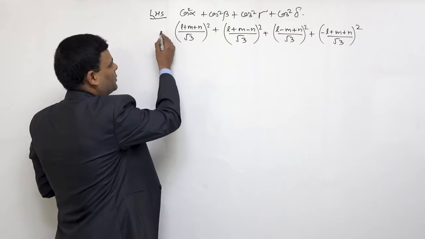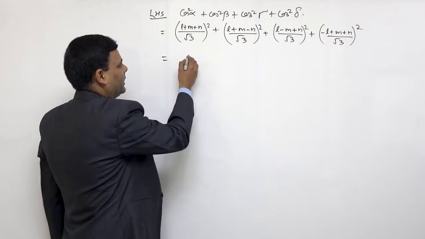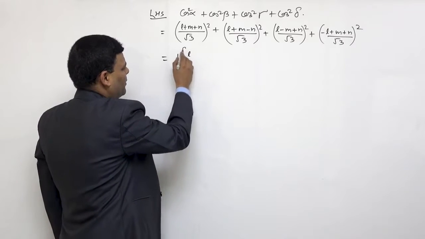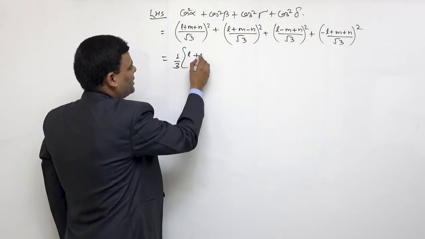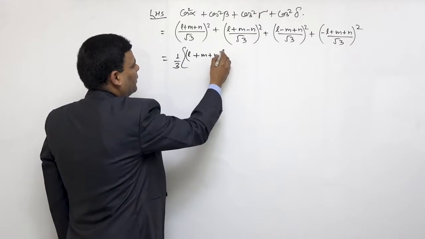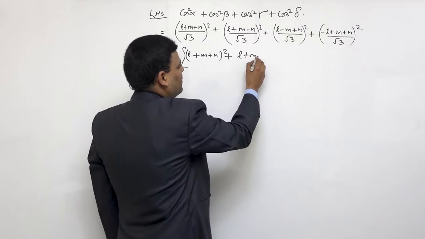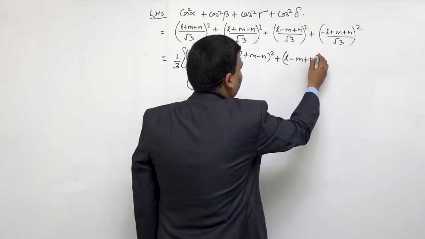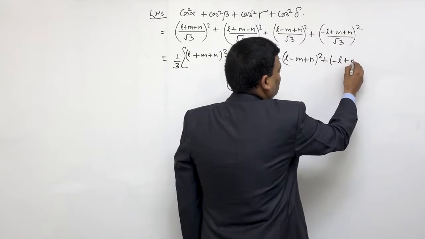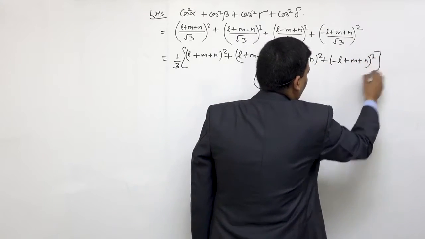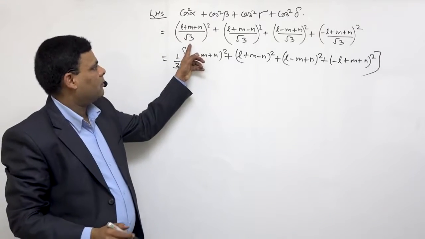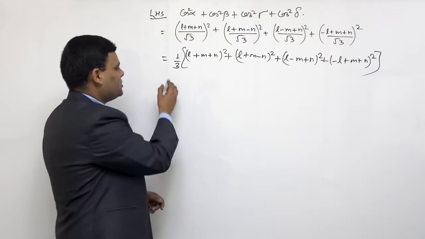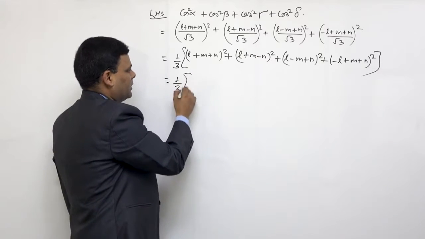Now यो सबको स्क्वायर खोल्दाखेरि 1/3 as a whole मा कमन आयो, L plus M plus N whole square plus L plus M minus N को square plus L minus M plus N को whole square plus minus L plus M plus N को whole square, यसो भयो किनकि यो सबैमा root 3 को स्क्वायर 3 भयो र एलसिएम हाम्रो 3 आयो.